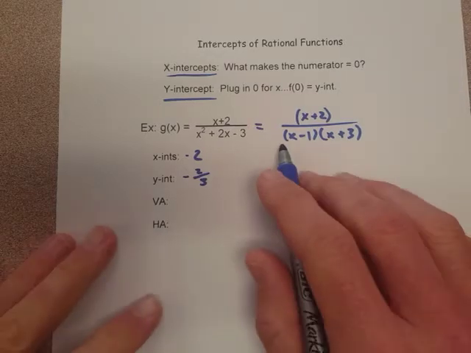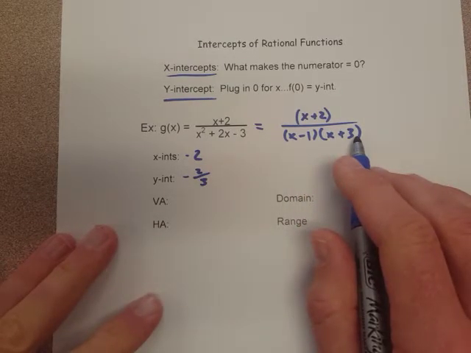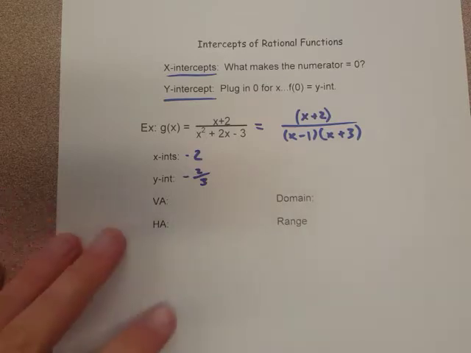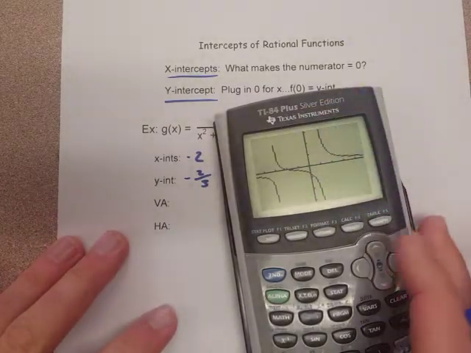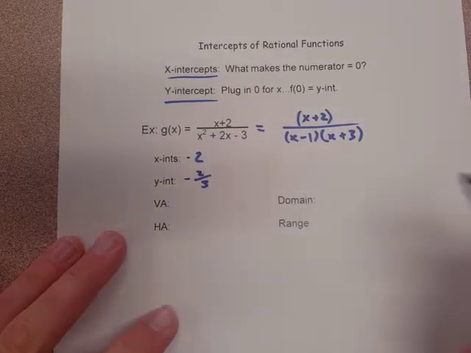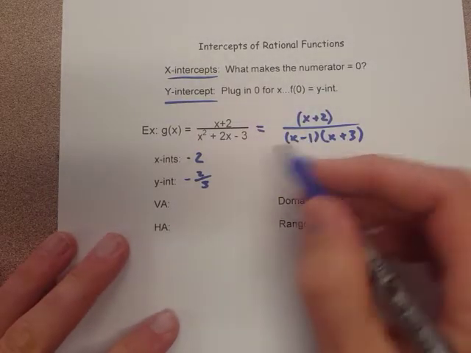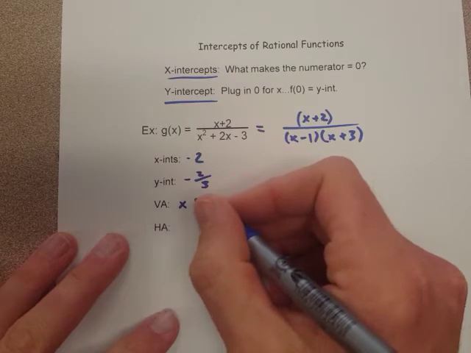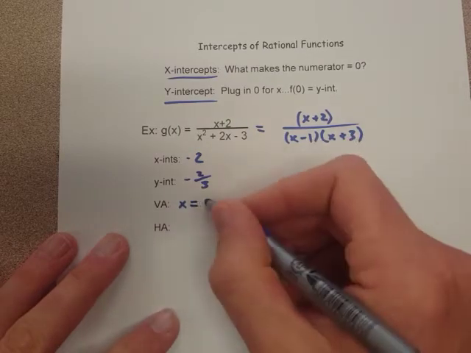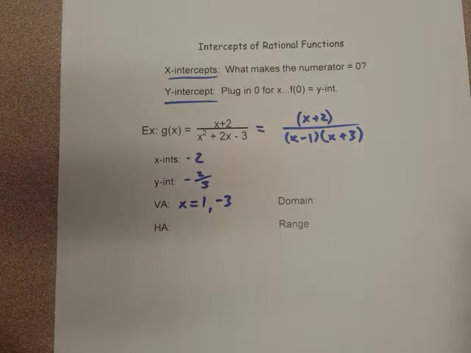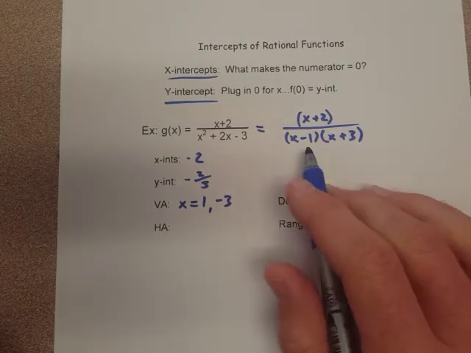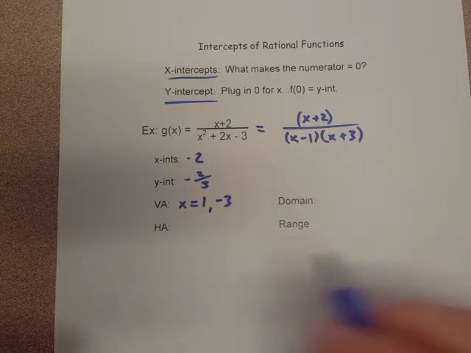Vertical asymptotes. We have what makes the denominator 0 in general. Again, we do need to check with the graph. It does look like we have two vertical asymptotes here, but it's going to be, make it in equation form, x equals 1 and x equals negative 3. Those are going to be our two vertical asymptotes because there are two factors on the bottom.